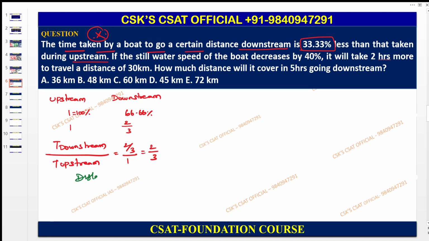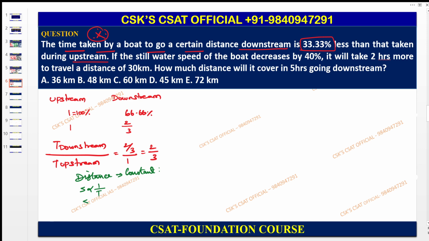Therefore distance is constant. When the distance is constant, the speed is inversely proportional to the time, so we can find the ratio of their speeds.